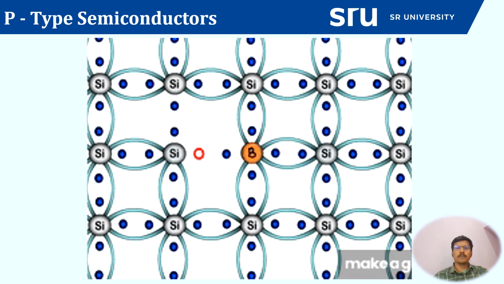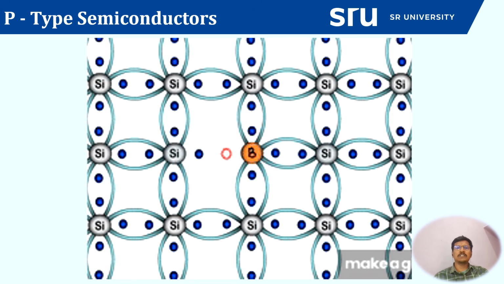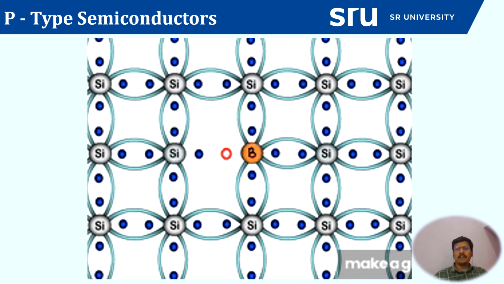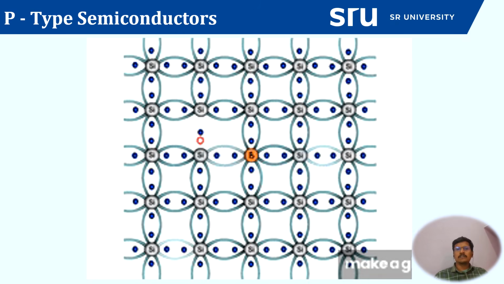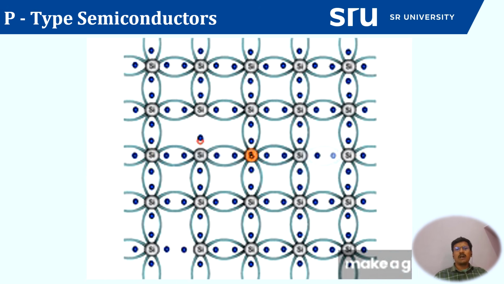This carrier transport mechanism becomes extremely important when analyzing PN junction and transistor operations. So understanding both n-type and p-type semiconductors allows us to appreciate how semiconductor devices control the current flow with remarkable precision. So now you can see here how the charge carriers are moving.